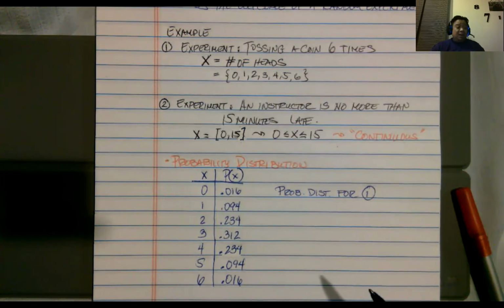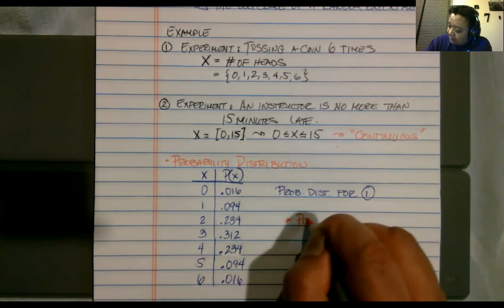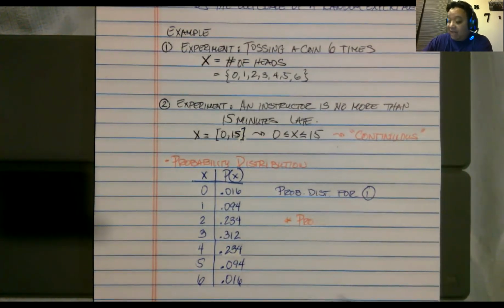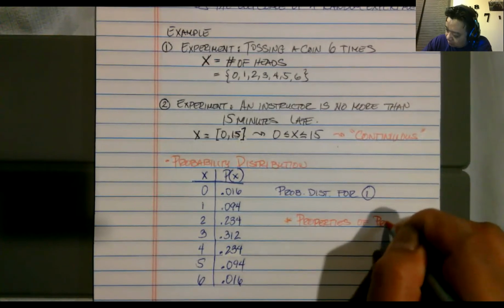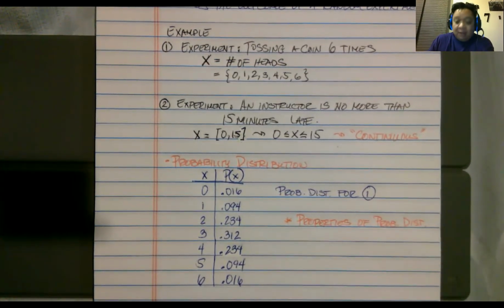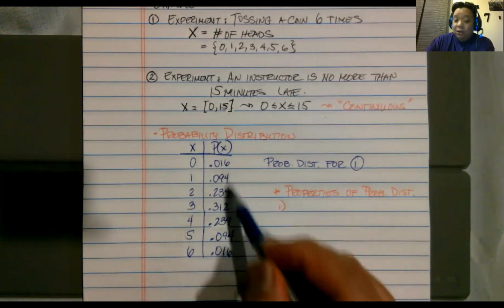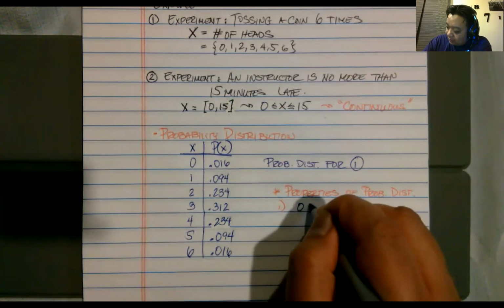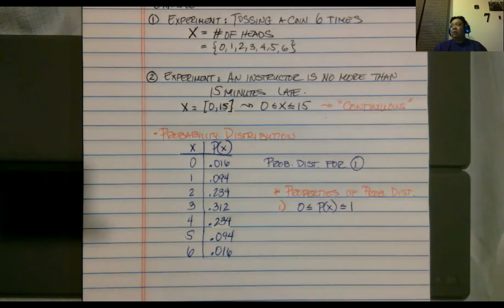Now let's talk about the properties of a probability distribution. There are properties that need to be satisfied for your probability distribution to actually be valid. The first one, and we saw this already from before, is that all your probabilities have to be between 0 and 1, so 0 is less than or equal to P of x is less than or equal to 1.